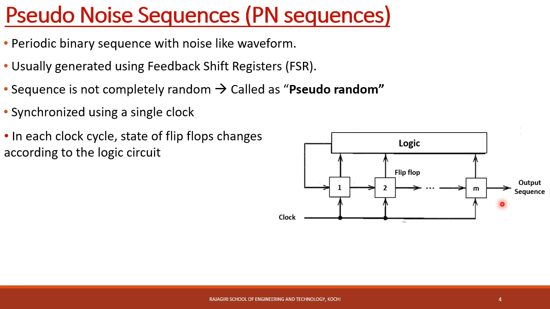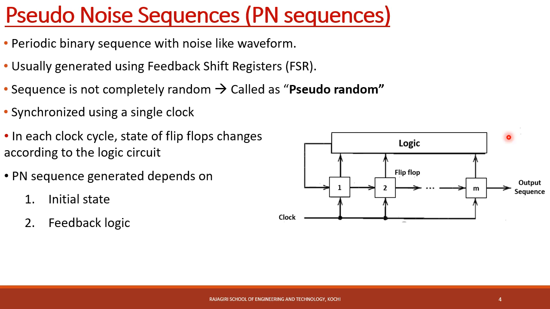At the end of each clock cycle, the states of the flip-flops change according to the logic circuit. The PN sequence generated at the output depends on the initial state of the flip-flops and the feedback logic used, and the length of the PN sequence generated depends on the number of shift registers.